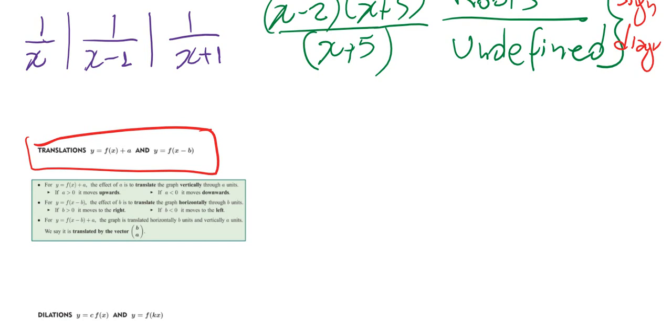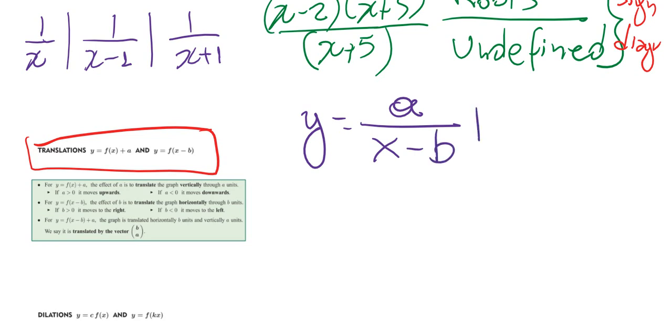Okay, number 1. I want you to remember that when we say y equals a over x minus b plus k, this is the basic form of a rational function.